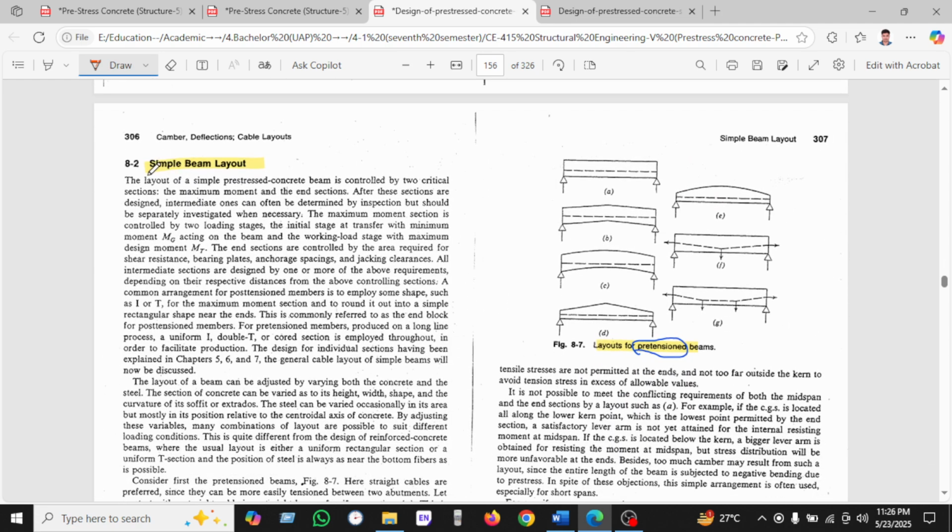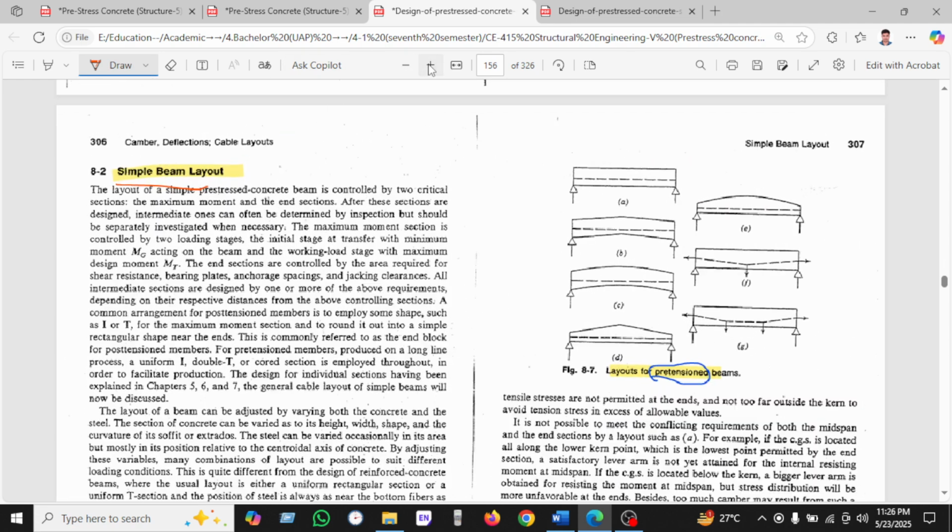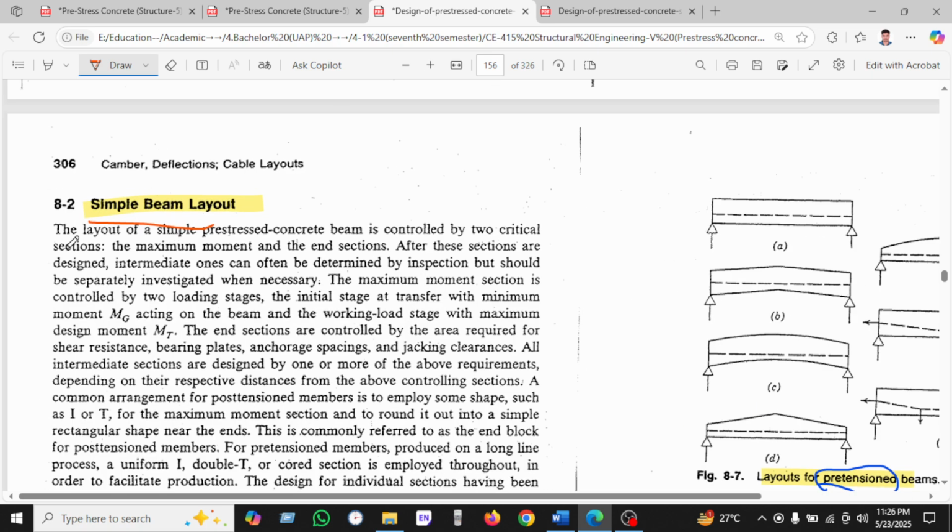So these are for the simple beam. Let's read the theory first. The layout of the simple pre-stress concrete beam is controlled by two critical sections: the maximum moment and the end section moment. These are the two critical sections. After these sections are designed, the intermediate ones can often be determined by inspection but should be investigated separately when necessary.